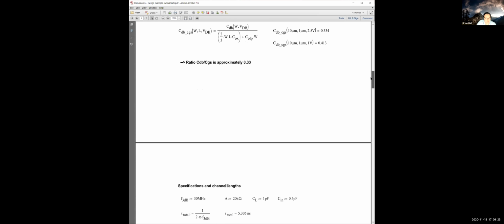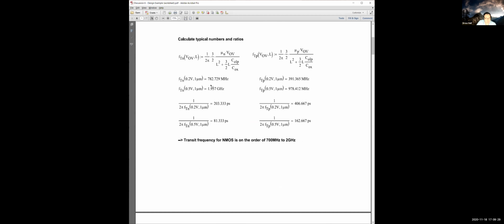And again, back here on the first page, we have a sense of what this technology is capable of. So for a 1 micron channel length with 200 millivolts of overdrive, I get about 800 megahertz. If I increase that to 500 millivolts, then I get about 2 gigahertz of FT.